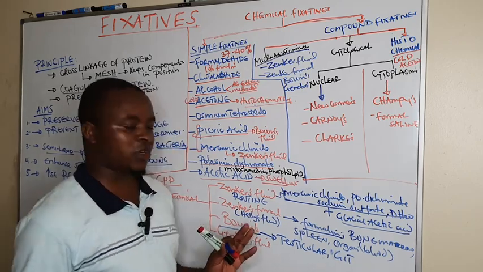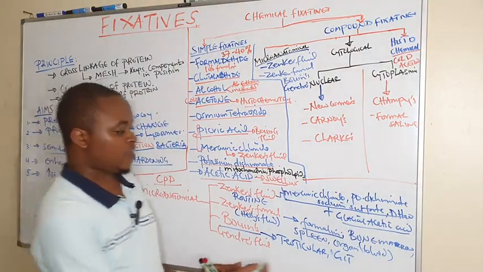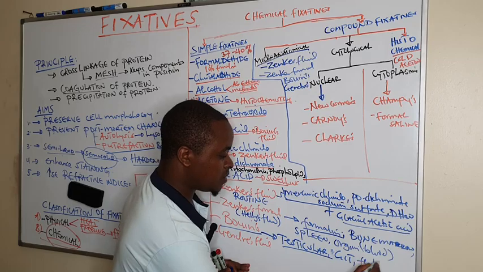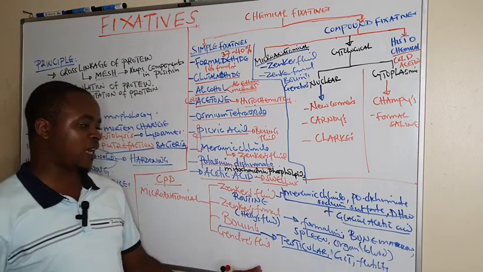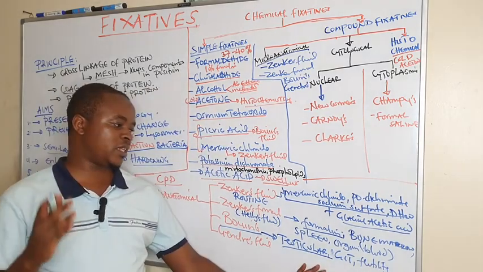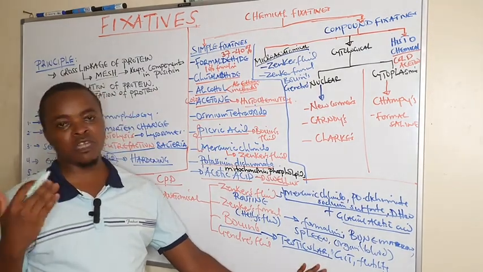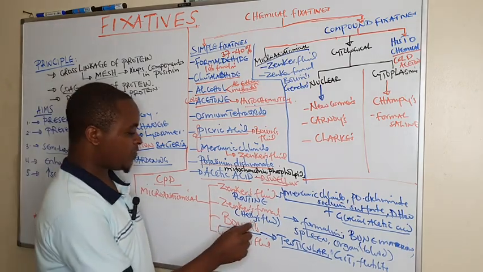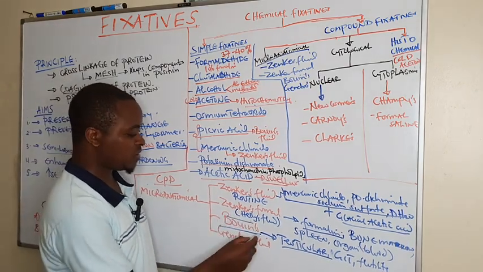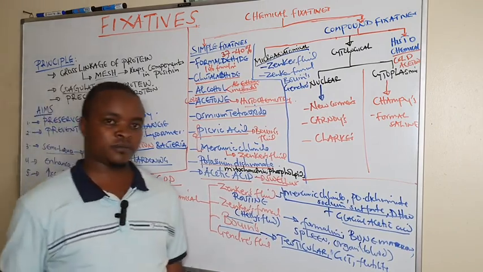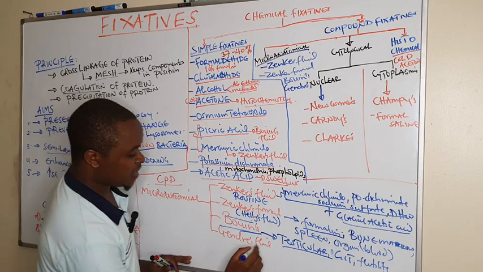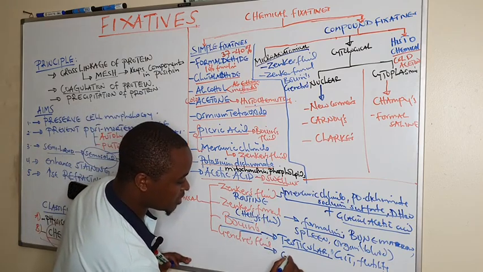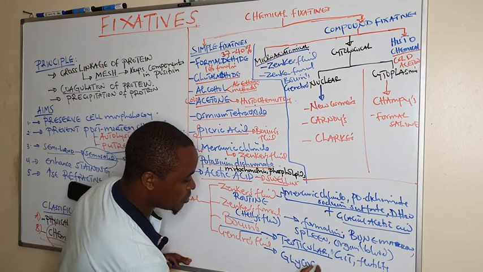And even when we are looking at fertility tests for sperms, it preserves the nucleus and the sperms well. So if you want to rule out oligospermia or azoospermia, you can preserve the testicular tissues using Bouin's fluid. Then Gendre's fluid is best for preserving glycogen.